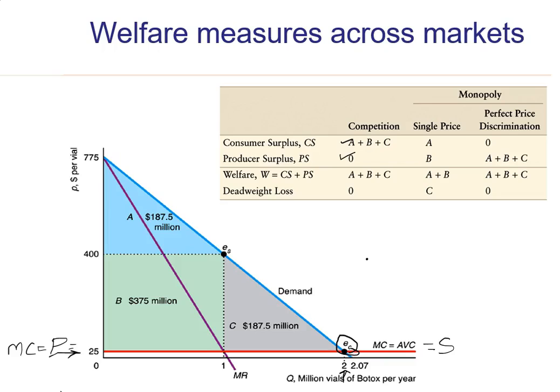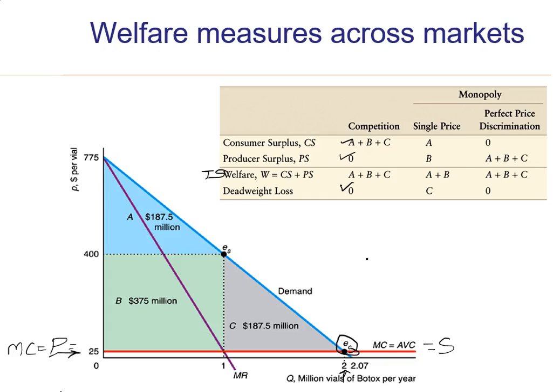So this has welfare, which I've called total surplus or welfare. Total surplus, are these two added up? Well, ABC plus 0 is ABC. And where's the deadweight loss? Well, there is no deadweight loss because that last unit that's sold, the marginal cost, 25, just equals the marginal benefit, 25. So no deadweight loss. So hopefully you followed along and got the competitive market solution.